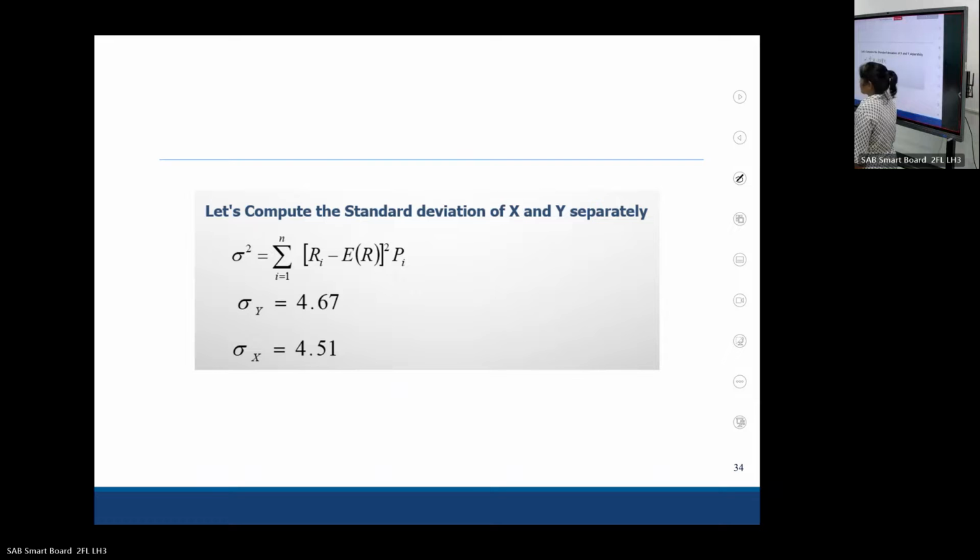So this is the variance. What is your answer? The standard deviation: once you take the square root of your answer, you will get the standard deviation.